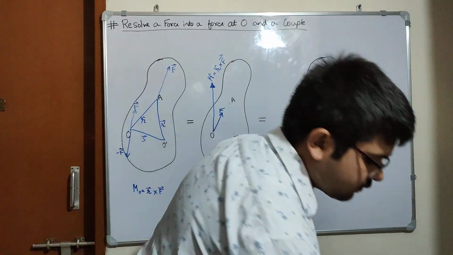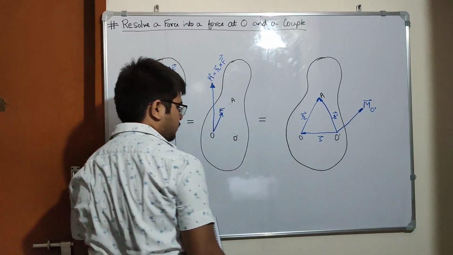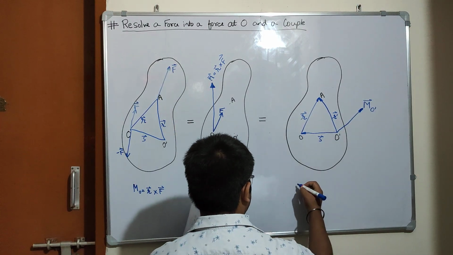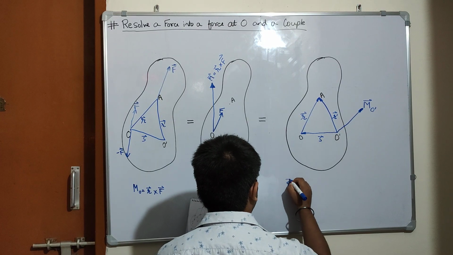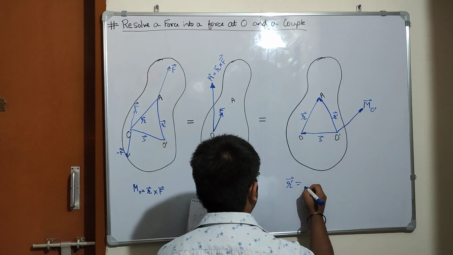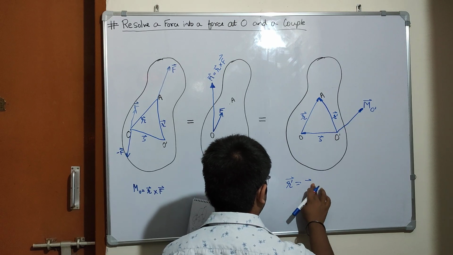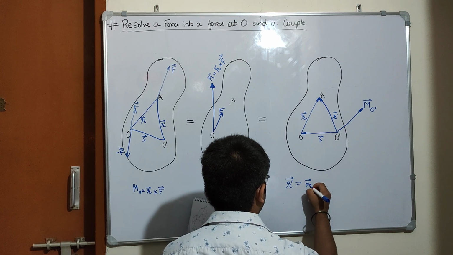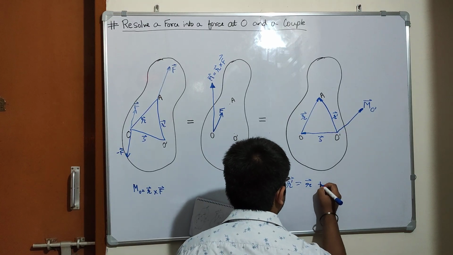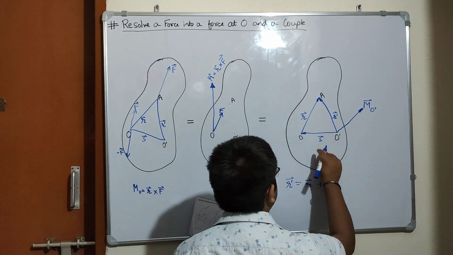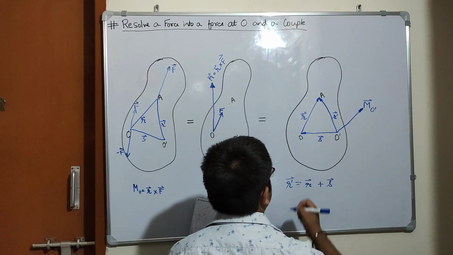So we have R dash vector equals R vector plus S vector. S vector is here, from here to here. This is the S vector.